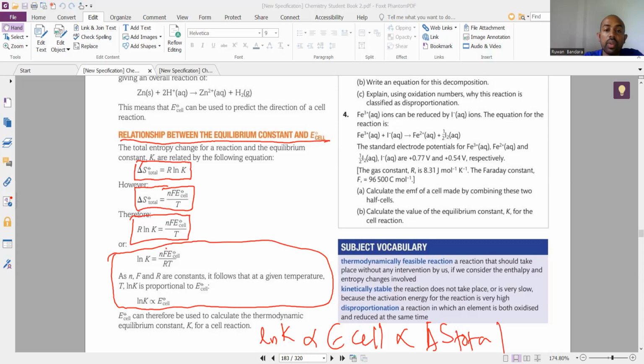Please copy that and don't worry about this term equilibrium constant. We'll learn it soon, right after entropy. This is unit 5. Today I'm doing unit 5, so write in the unit 5 note.